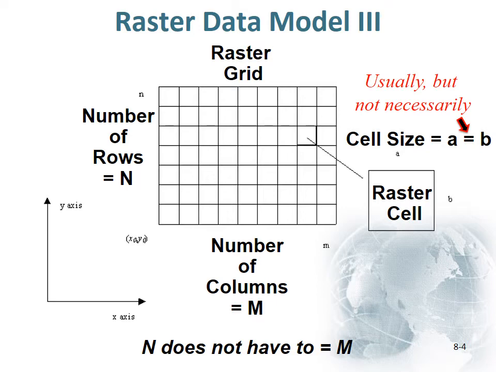Okay. And so another thing to note about grids of rasters, cells, is that we're going to have a number of rows that go vertically, a number of columns that go horizontally. Those do not have to be equal. Those can be unequal.